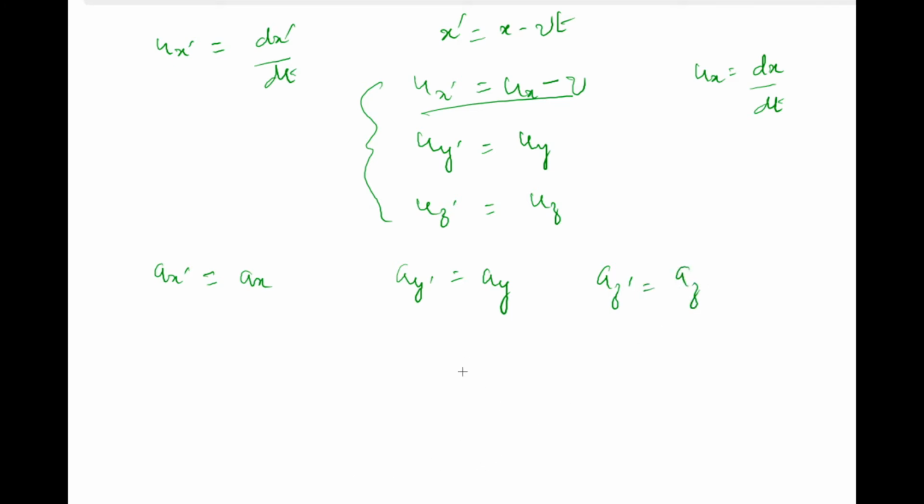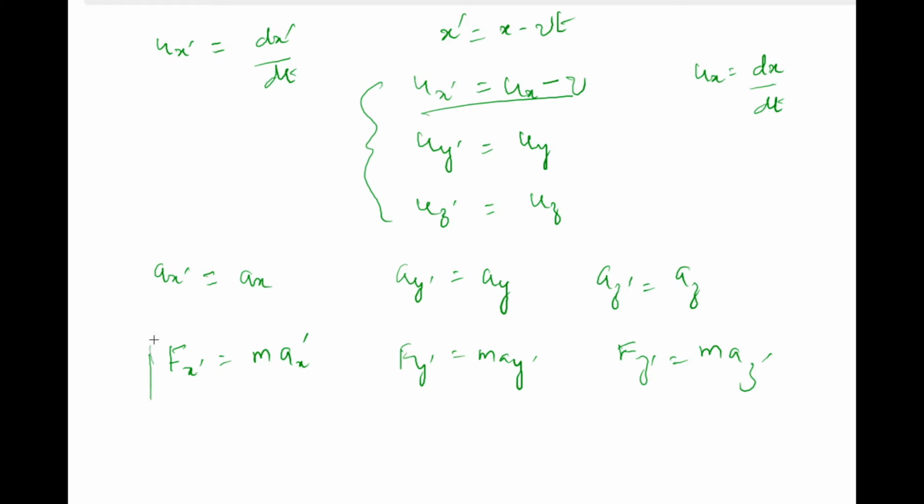So we have gotten these three equations now. We know that force is equal to mass times acceleration, which means we have Fx prime is equal to m ax prime, Fy prime is equal to m ay prime, Fz prime is equal to m az prime.